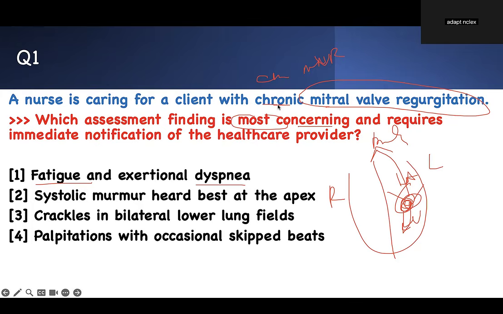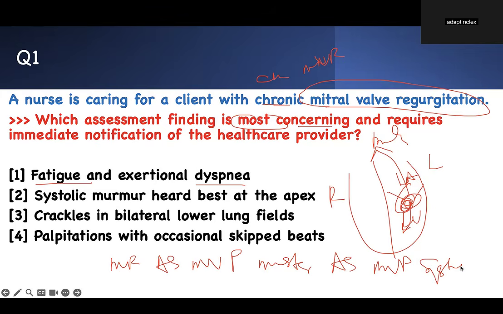When you try to exert yourself, you have shortness of breath. Systolic murmur best heard at the apex. Ask yourself, does mitral valve regurgitation cause a systolic murmur? The best way to remember this is what I call MR AS MVP. MR, AS, MVP are usually systolic. They play in systole. So mitral regurgitation, aortic stenosis, and mitral valve prolapse cause a systolic murmur.